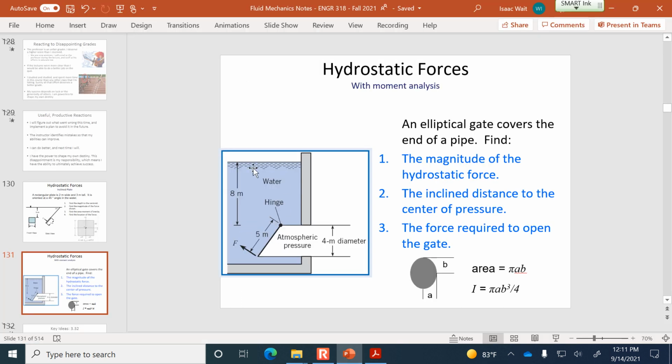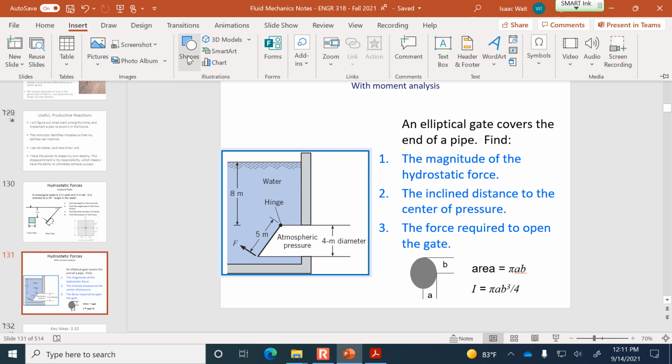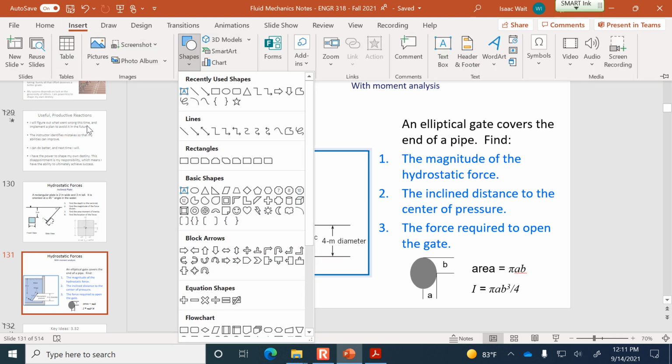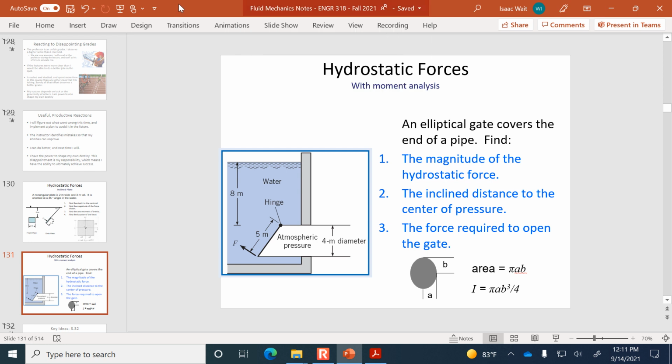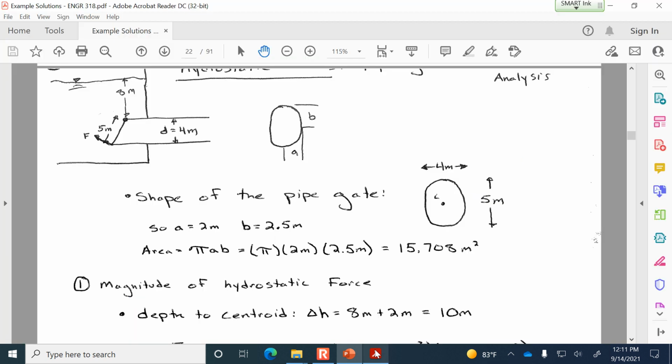And then if we're going down to the center of where that force is applied, what I typically have been representing as a red dot, that's vertically another 2 meters down, because the vertical component of that gate is 4 meters overall. Okay, so it's 10 meters as the depth of the centroid.